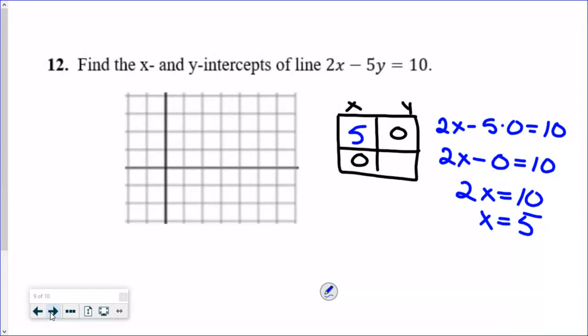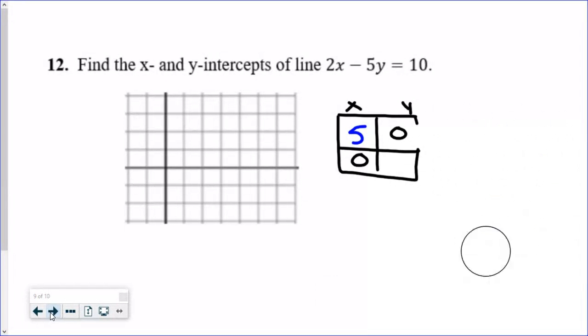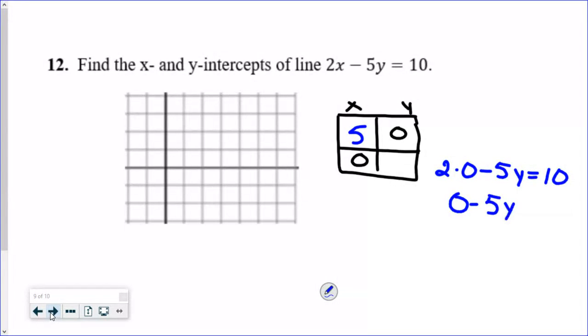Okay. Then I'm going to do the same thing, but I'm going to put a 0 in for X for this one. So 2 times 0 minus 5Y equals 10. 0 minus 5Y equals 10. Negative 5Y equals 10.